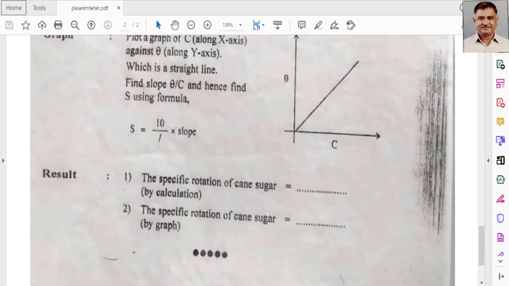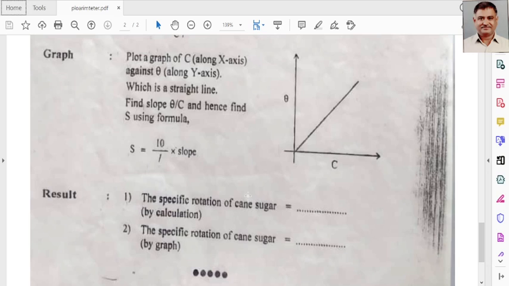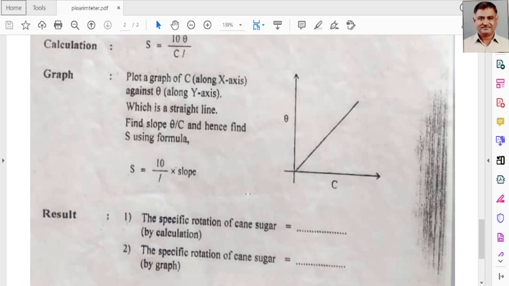In this way, in total, we have learned this polarimeter experiment.